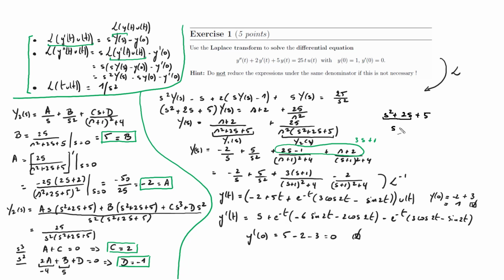You can see that this is s plus 1 squared, the two first terms, right? If you square, you have s squared, this one, 2s, and of course you have a 1 appearing, but we have a 5 over here, so we have to add 4. And if you write it like this, you can see immediately that the roots of this factor in the denominator, they are complex conjugates, right?